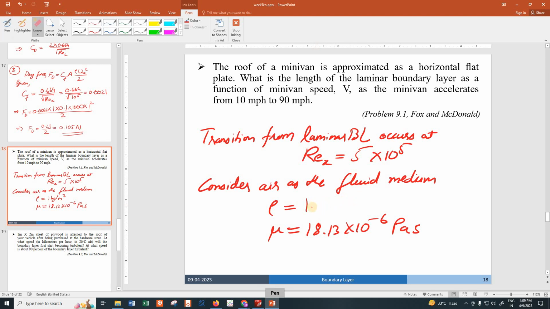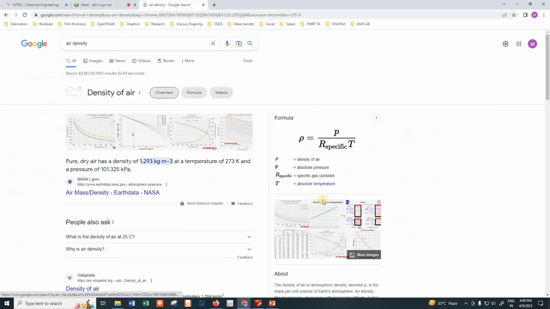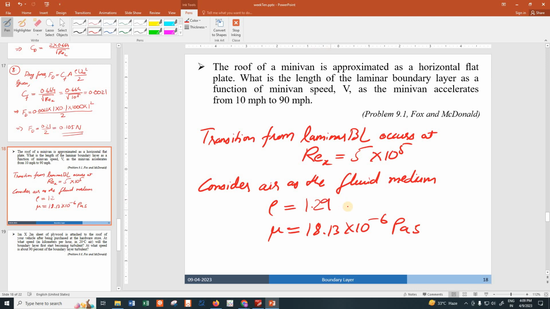Instead of 1, if we take 1.2 kg per meter cube, consider air as the fluid medium at 25 degrees Celsius.